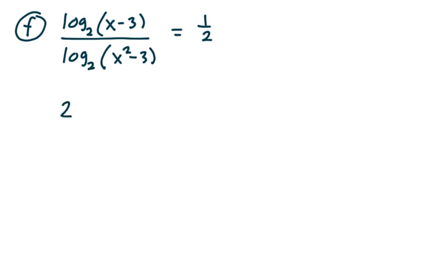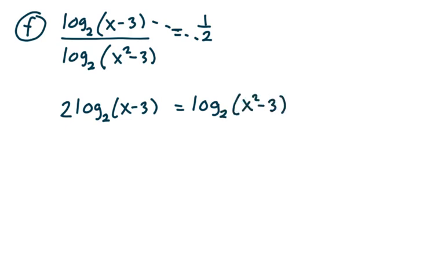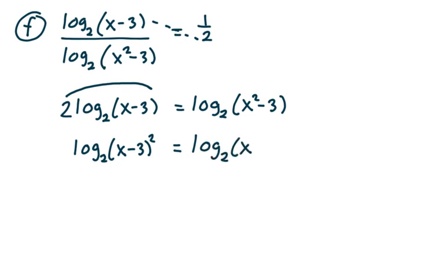So in other words, I'm going to take 2 log base 2 of x minus 3. Okay, that's this side. And on the other side, I get log base 2 of x squared minus 3. So log base 2 of x minus 3 to the second. So I can move that 2 in, okay? That's on the left side. On the right side, I get log base 2 of x squared minus 3.